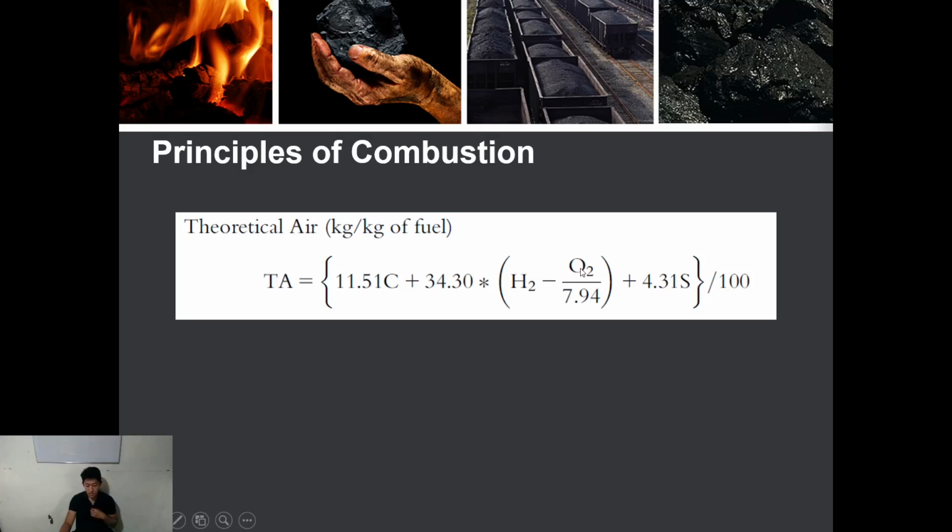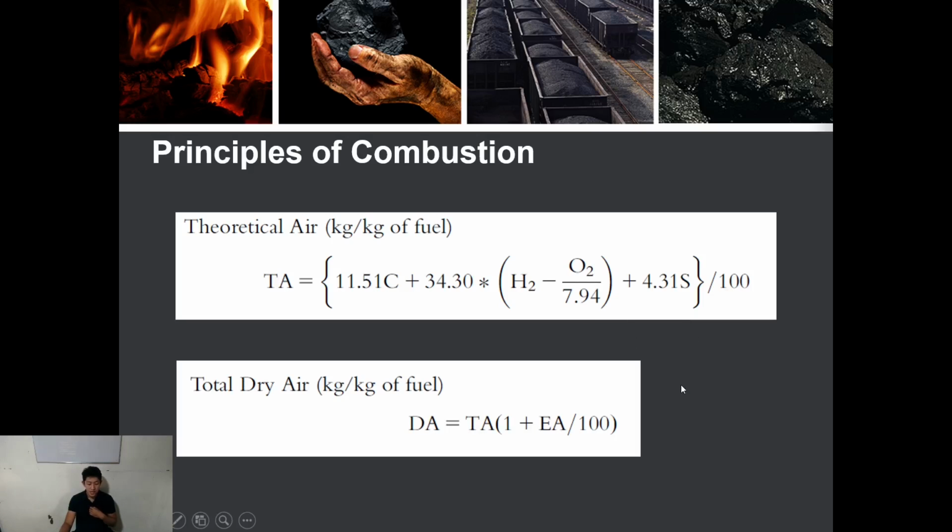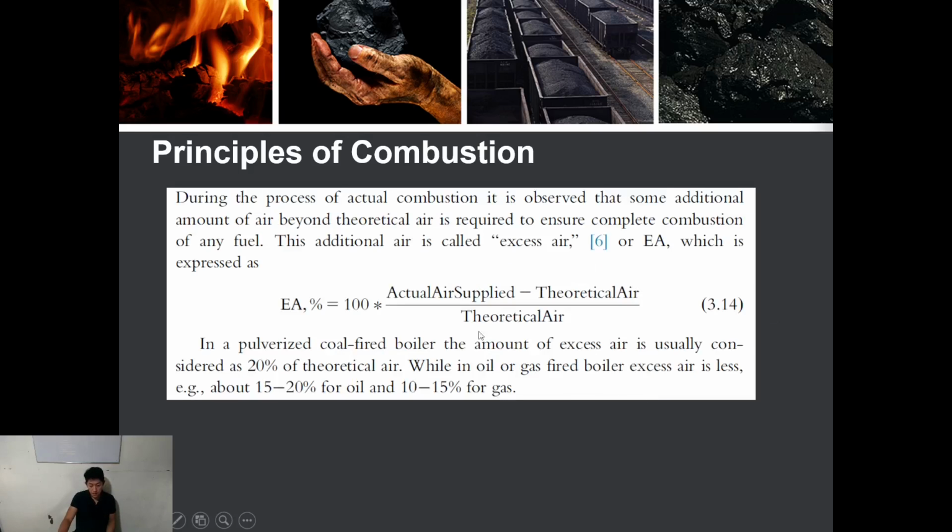And then you subtract this because your fuel also has oxygen content. Okay? And then the total dry air, meaning the actual air, if you have excess air you just add it here. So it can be the theoretical air times 1.2, for example, for 20% excess. So the excess air is actual minus theoretical over theoretical.